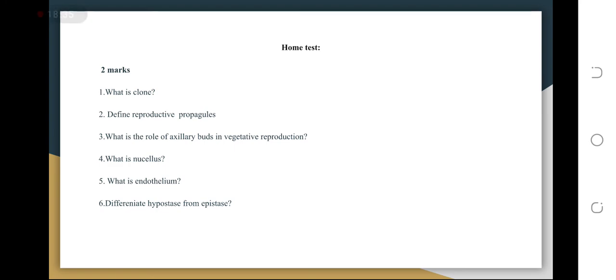What is clone? Define reproductive propagules. What is the role of axillary bud in vegetative reproduction? What is nucellus? What is endothelium? Differentiate hypostase from epistase.